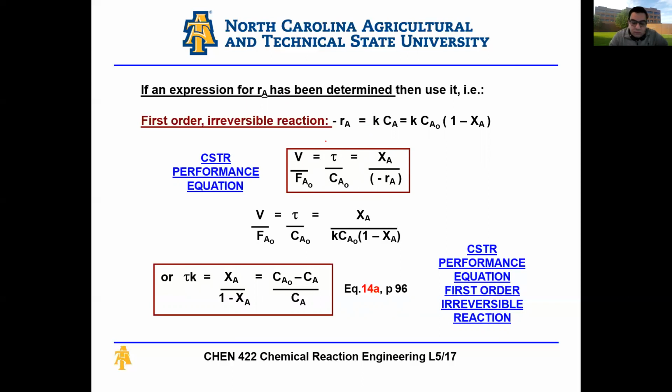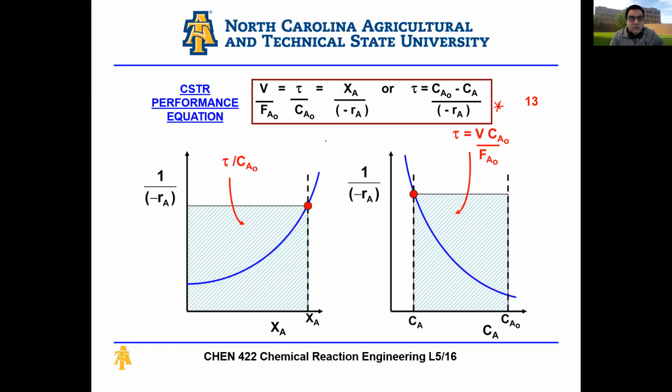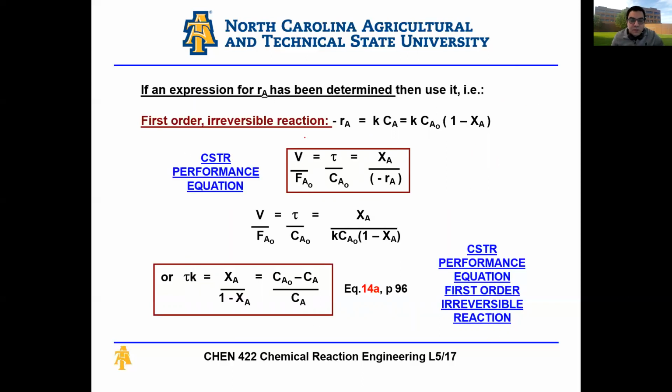So for this case, let's look at the CSTR performance equation for a first order irreversible reaction. For a first order irreversible reaction, minus RA is equal to K CA, which is equal to K CA naught times 1 minus XA, right? So now I'm going to take this minus RA and substitute it right here into the CSTR performance equation.